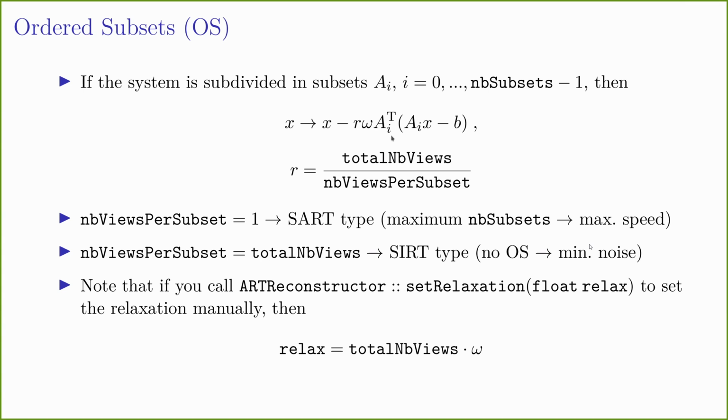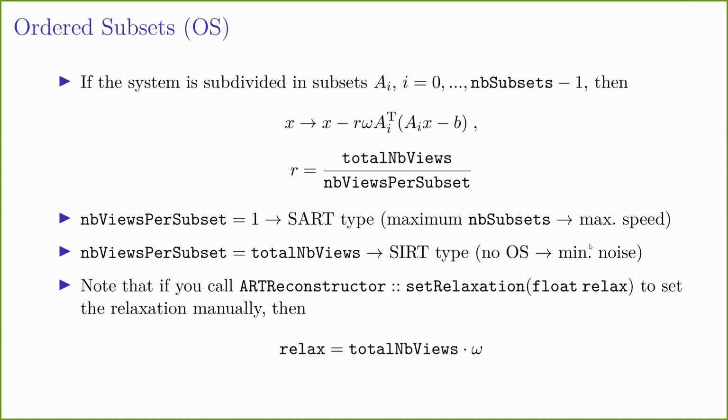So if we do it for all the subsets, we have a number of subsets times updates for the same amount of computations, because we only have to forward project the subset, and we only have to back project the subset in each sub-iteration. And in total, it's roughly the same computational load as forward and back projecting the whole system.